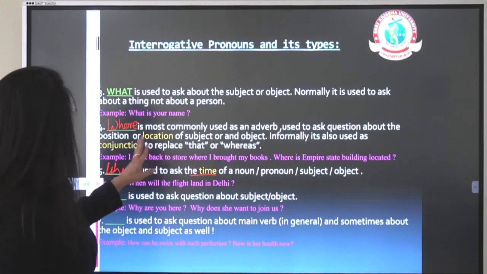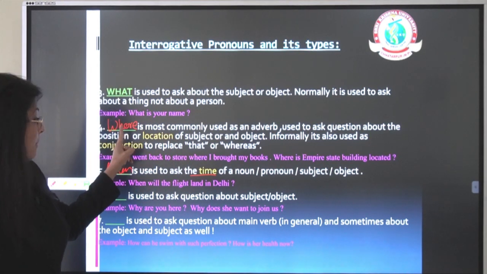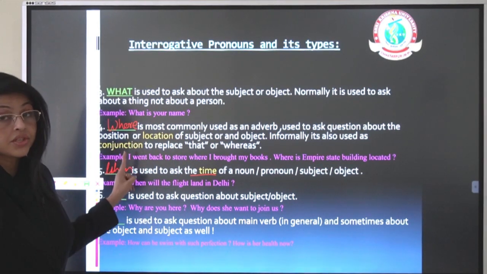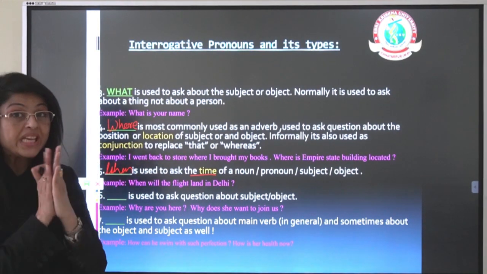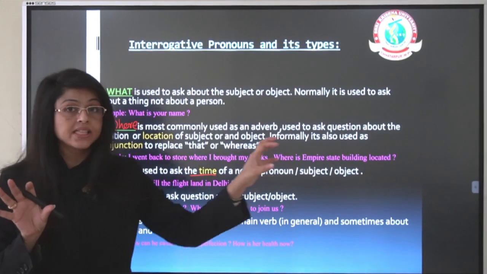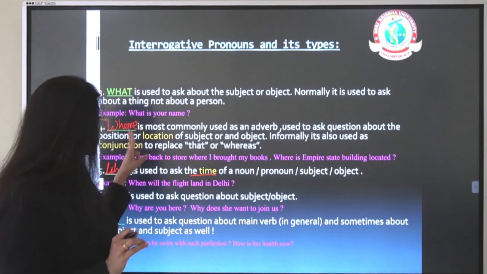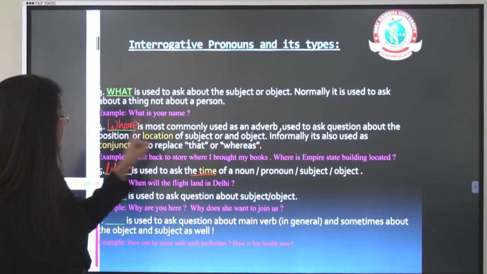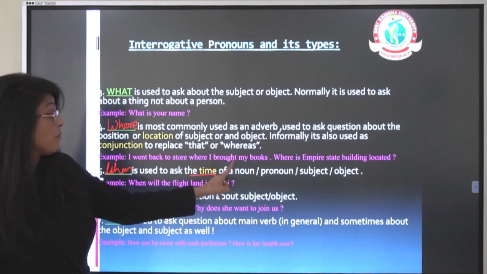Now, the same where becomes a conjunction in a sentence when it is put in between the main clause and the subordinate clause. If you see here, I went back to the store where I bought the book.